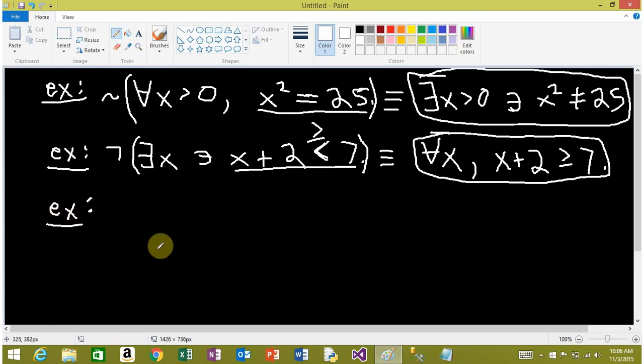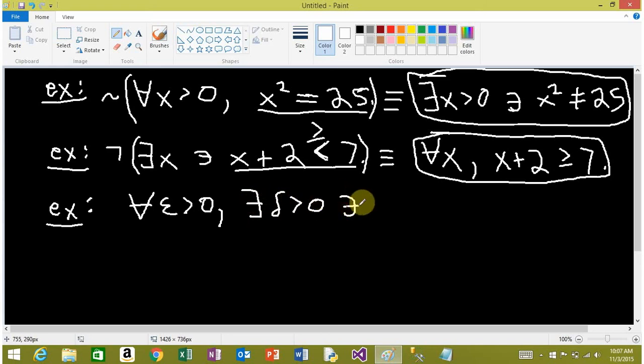Let's say you wanted to do, for all epsilon greater than 0, there exists a delta greater than 0, such that the absolute value of f of x minus L is less than epsilon.